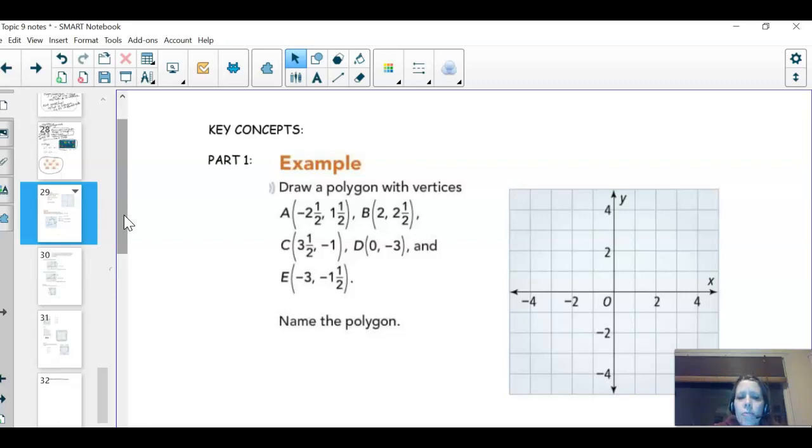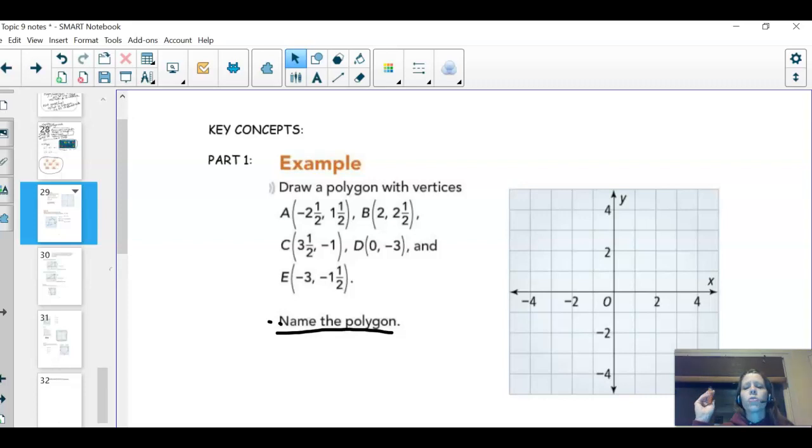So go ahead. On yours, can you please go ahead and put the points on the graph or on the coordinate plane, and then can you try and name the polygon? Remember, you can look at the other page. Okay, ahora tú necesitas poner los puntos al plano cartesiano, similar a ayer.